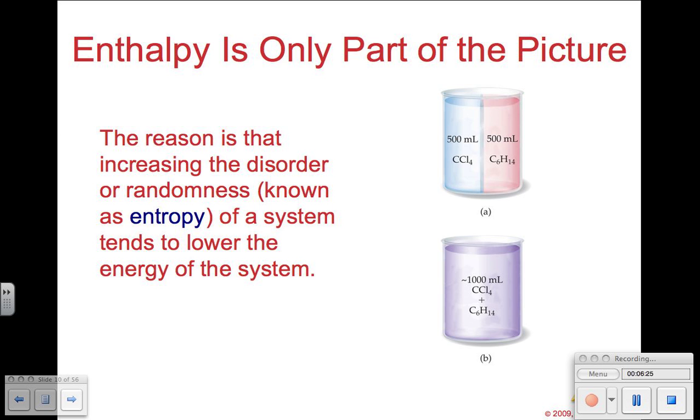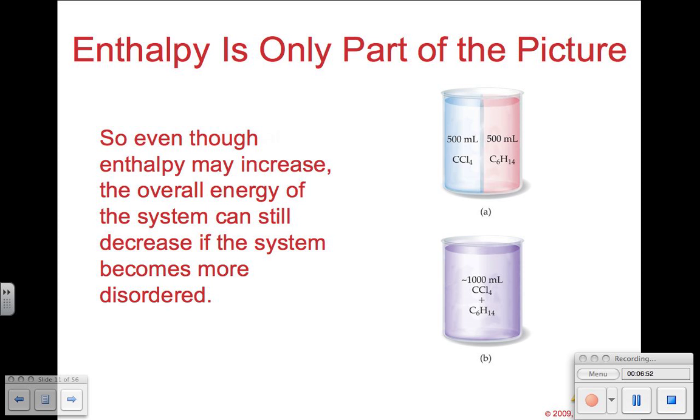Well, enthalpy is only part of the picture when we talk about the making of this solution. The reason is that the increasing disorder or randomness, or entropy, which is what we'll call delta S when we get to it, tends to lower the energy of the system. So when you have two separate things and then they combine, entropy increases.